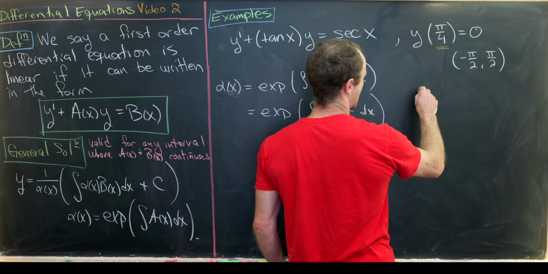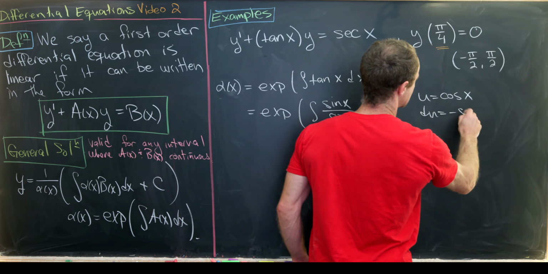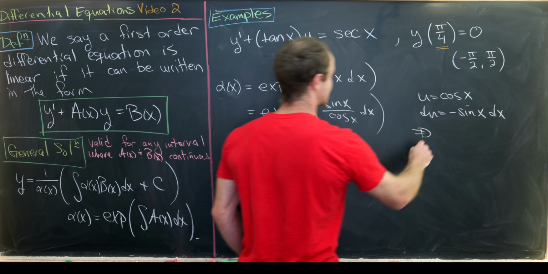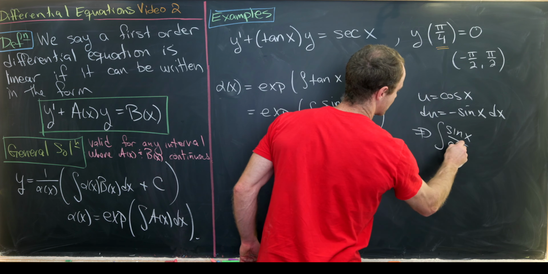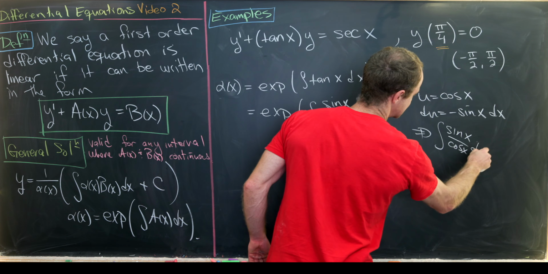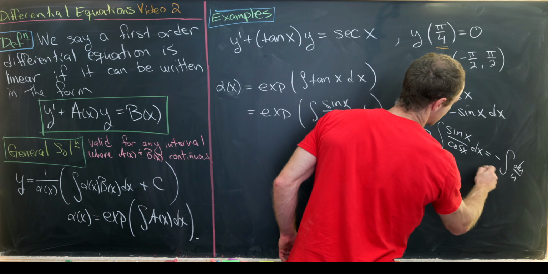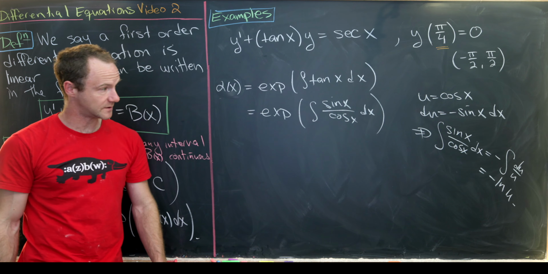And then let's recall that if we set u equal to the cosine of x, then du is minus sine of x dx. And that tells us that the integral of sine of x over cosine of x dx is in fact just minus the integral of du over u, which is minus the natural log of u.